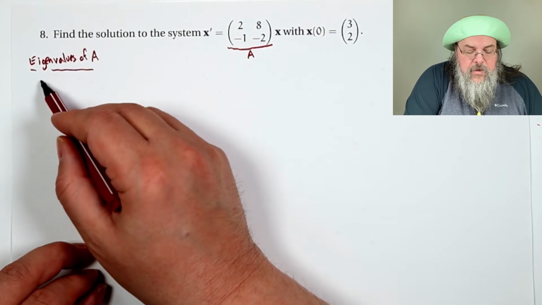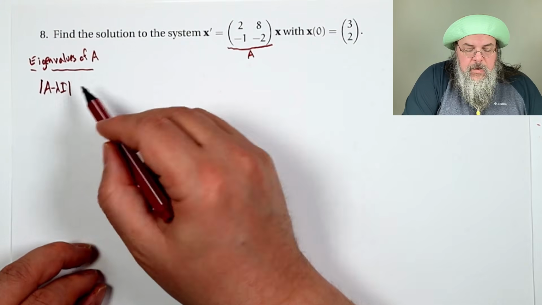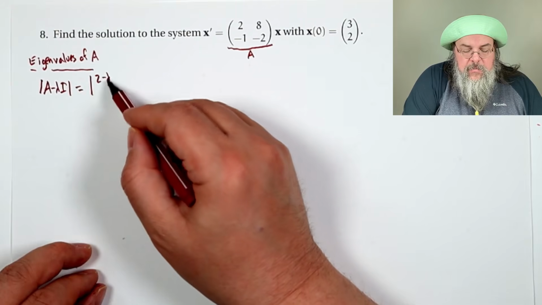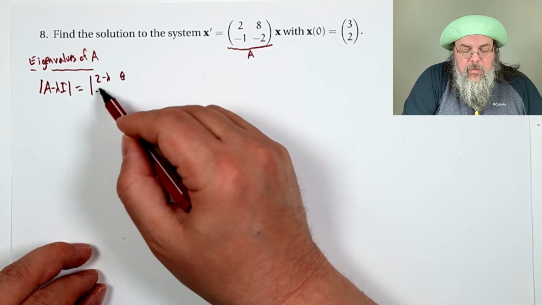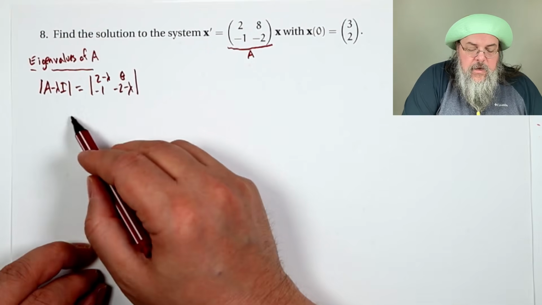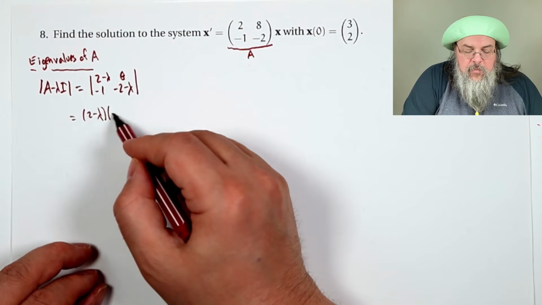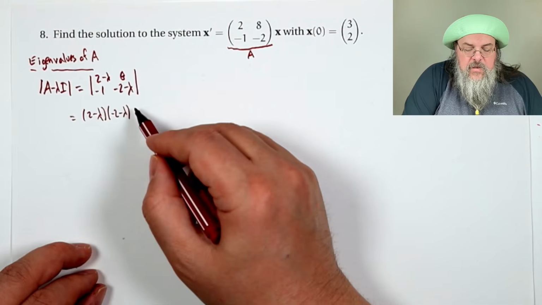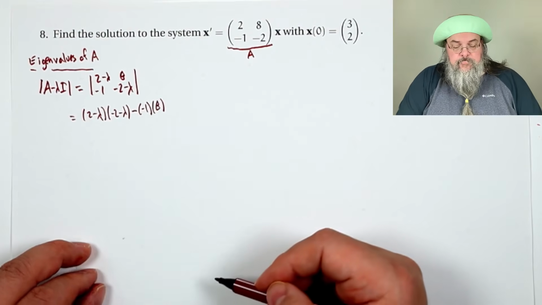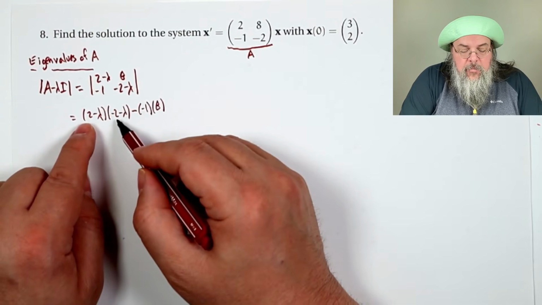What are our eigenvalues of A going to be? Well, we take our determinant of A minus lambda I, and that is going to be [2 minus lambda, 8; -1, -2 minus lambda]. So that's 2 minus lambda times -2 minus lambda, subtract -1 times 8.